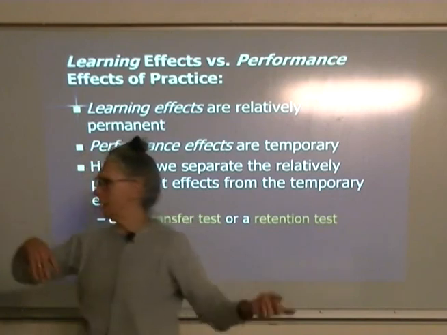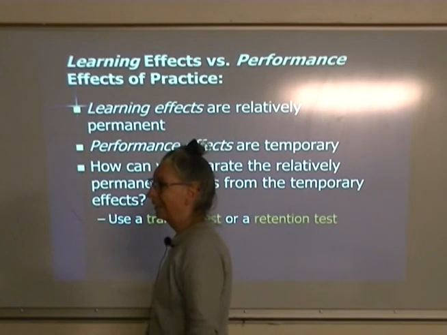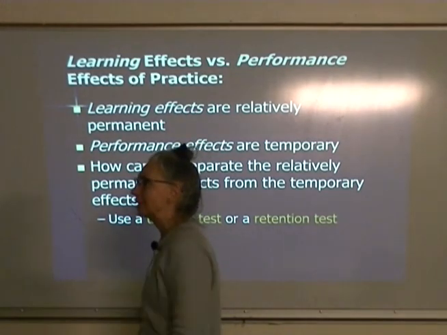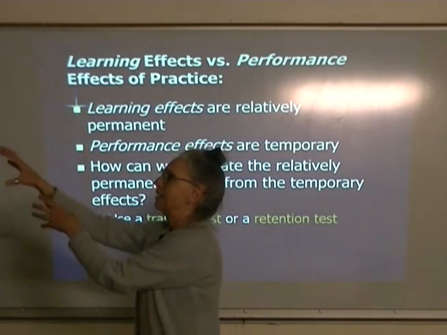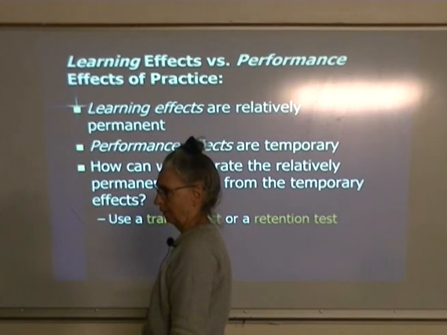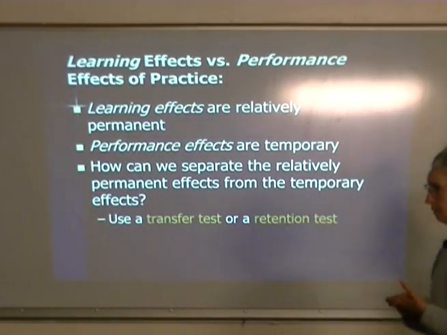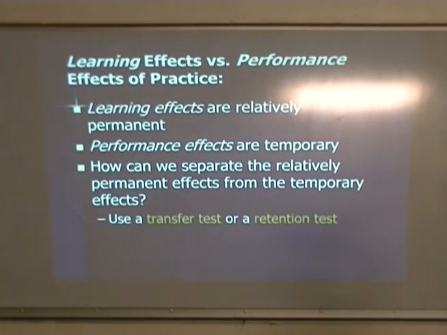When I go back to training next week, can I do it again? Hell no. Right? That's why it's a personal best. It's there as a goal, but I can't do it now back in training. Right? That's a performance effect, not a learning effect. Okay?